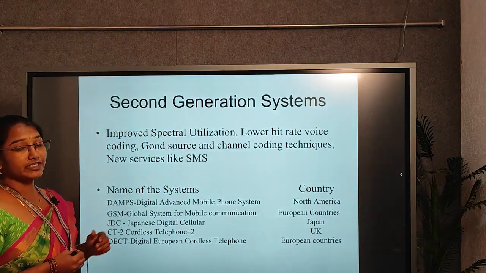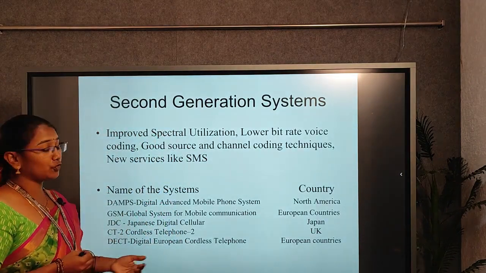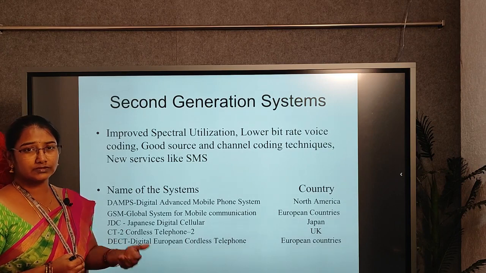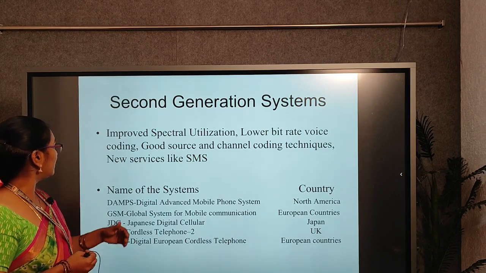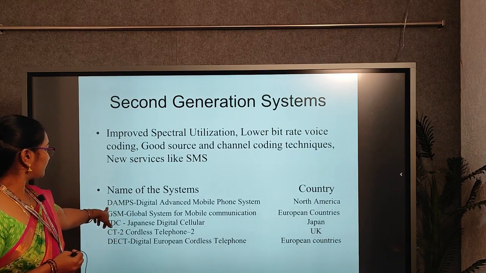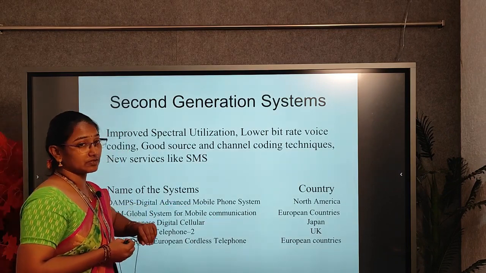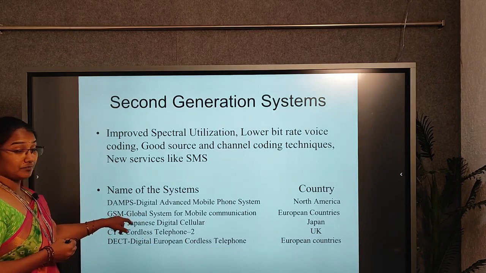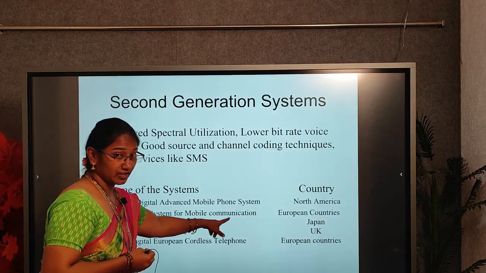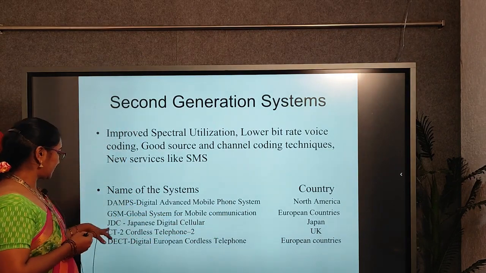Right. Second generation. What is the improvement of the phones in the second generation? Okay, so DAMPS, Digital Advanced Mobile Phone Systems. GSM, Global System for Mobile Communication, what we regularly use, right?